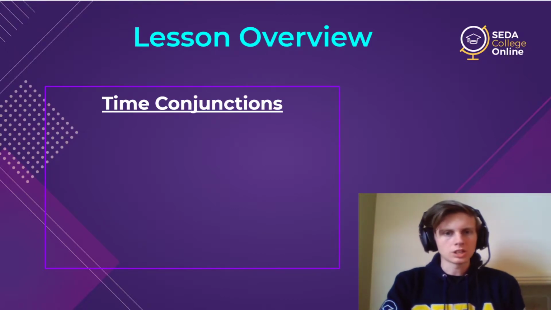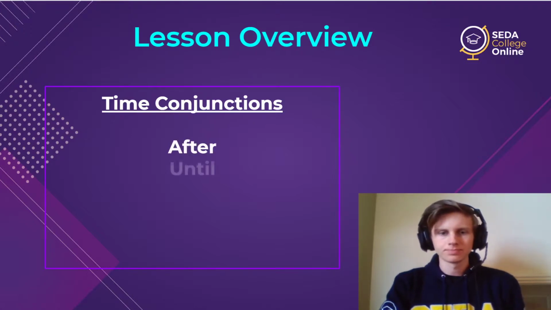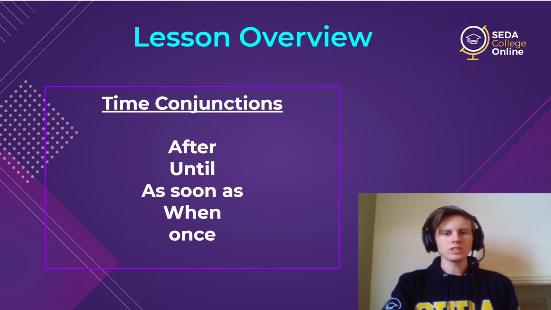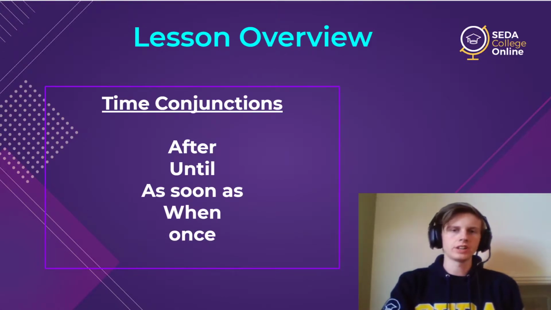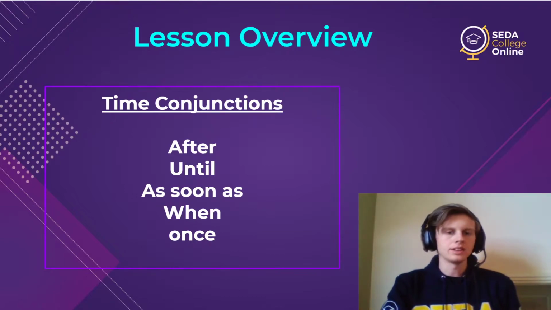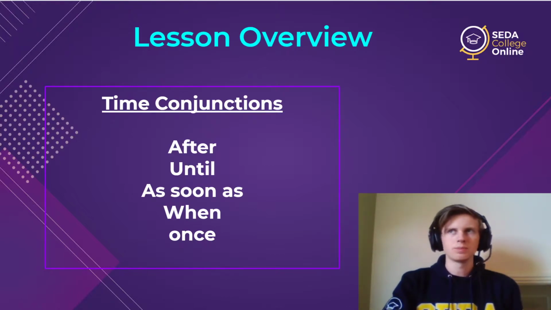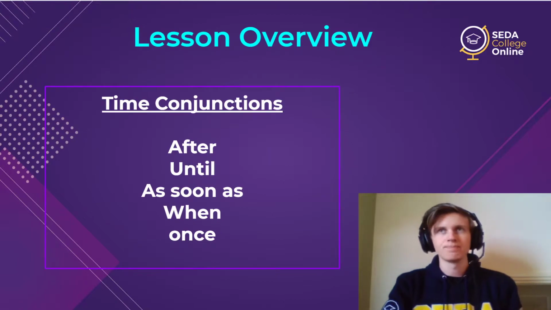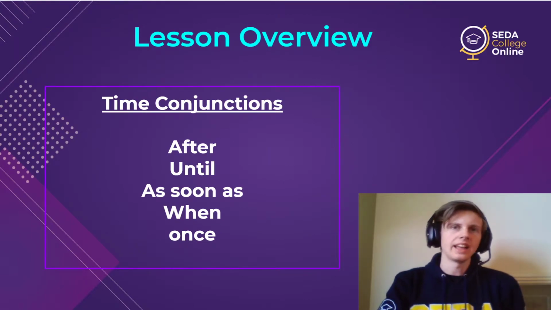So what we're going to talk about today are after, until, as soon as, when, and once. So these are five time conjunctions that are very common, and there's a bit of nuance, I'll say, with them. So we're going to talk a lot about how to use each of them, how they are different, and how to use them accurately.